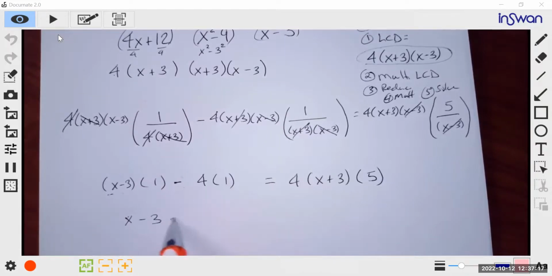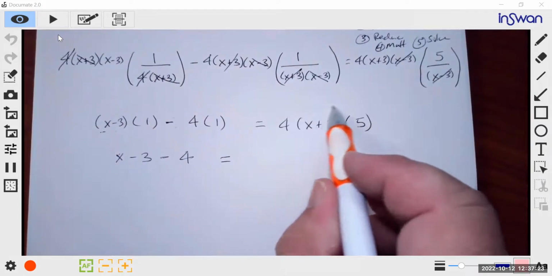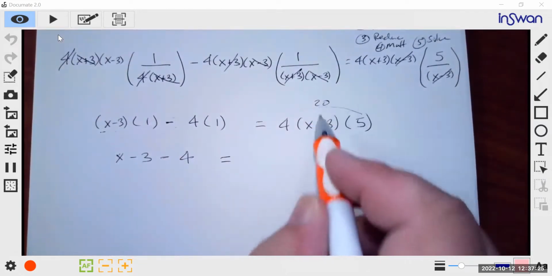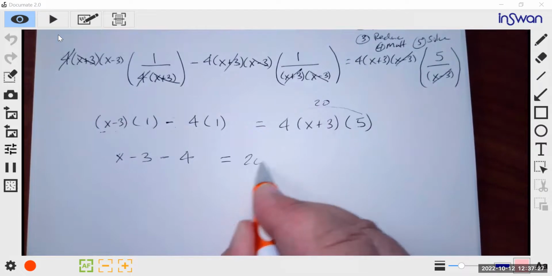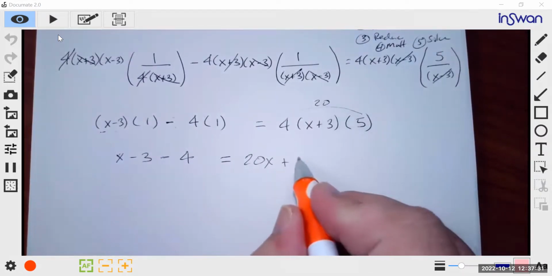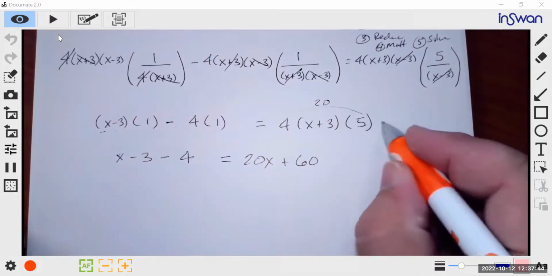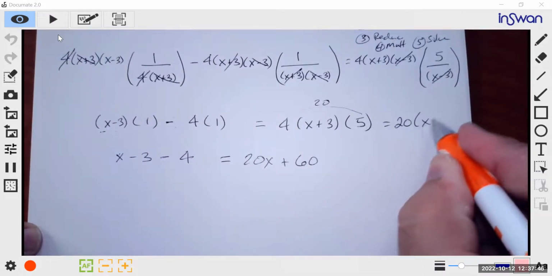Negative times positive is negative. 4 times 1 is 4. 4 times 5 is 20. 20 times x is 20x. Positive times positive, 20 times 3 is 60.